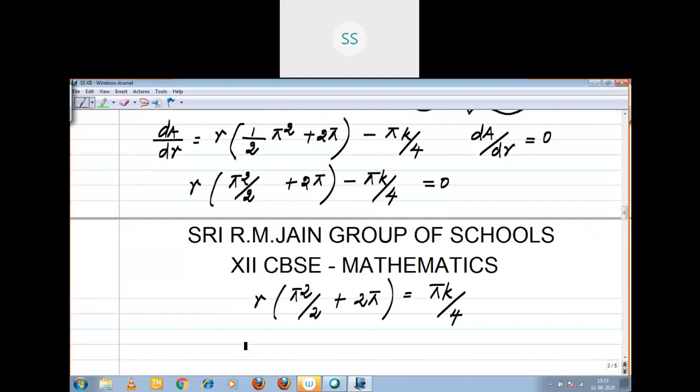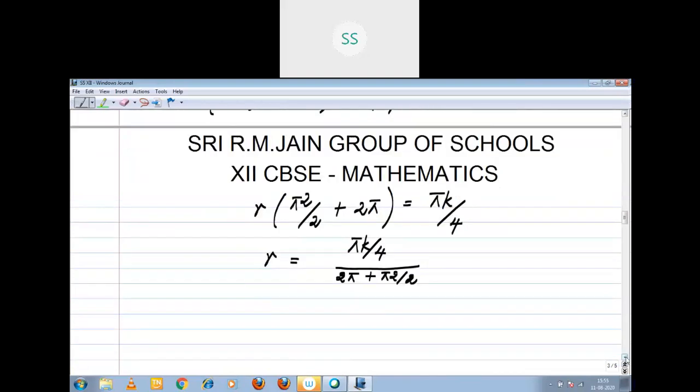Now, r equals pi k by 4 divided by 2 pi plus pi square by 2. I didn't do anything else; the bracket will act as a denominator on the opposite side. You don't think that I did something different. No. The bracket I shifted to the opposite side. That's all, children.